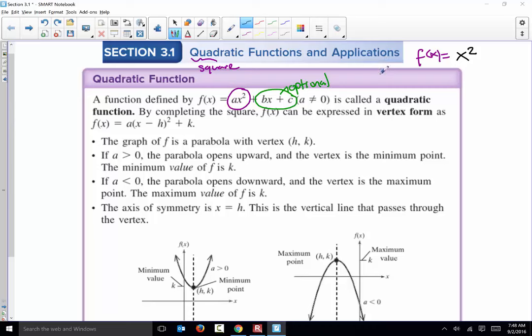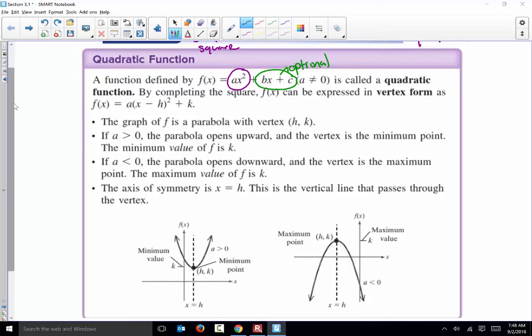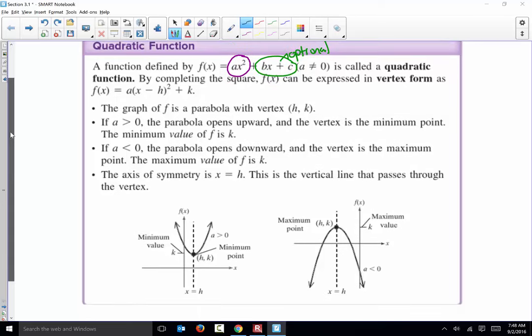Alright, so quadratic functions mean square functions. We are going to investigate them and learn a lot about them, because in real life, in industry, these functions pop up a lot. We are going to make one example, one real world problem, in the very end. But first we need to understand them mathematically.